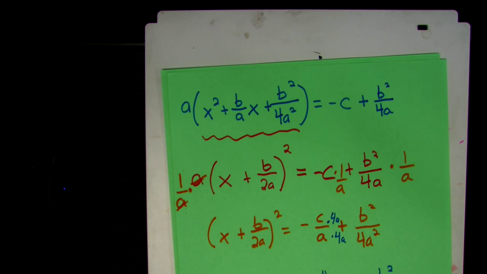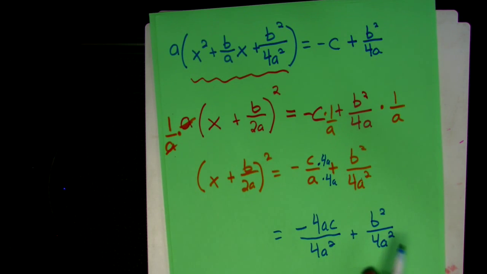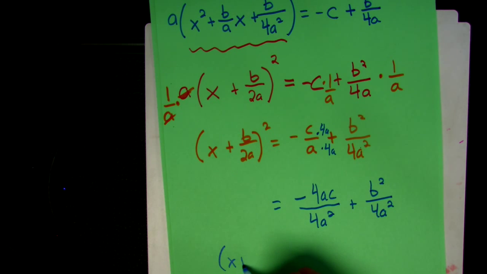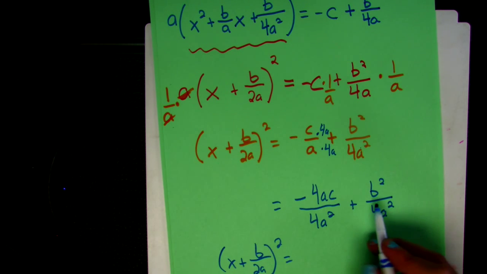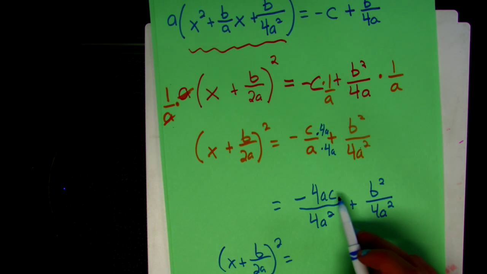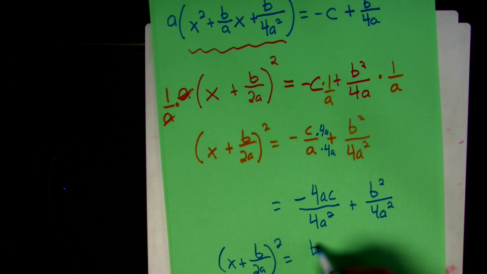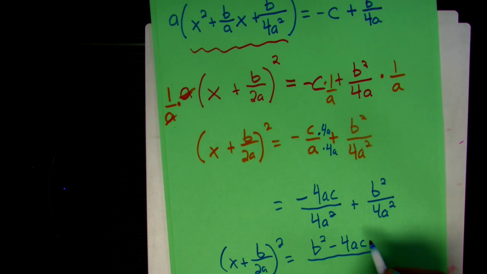Okay, so now what I can do is write that as one fraction. So I have x plus b over 2a squared still on the left hand side, and this becomes negative 4ac plus b squared, which I'm just going to rearrange and put b squared minus 4ac, so that way it's the positive and then the minus, right?